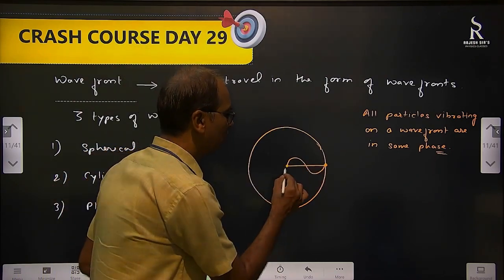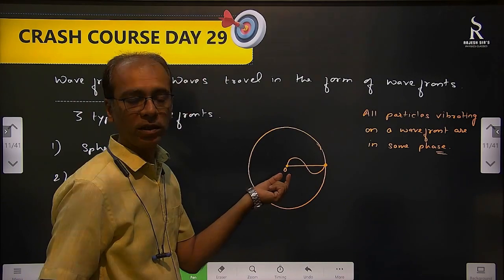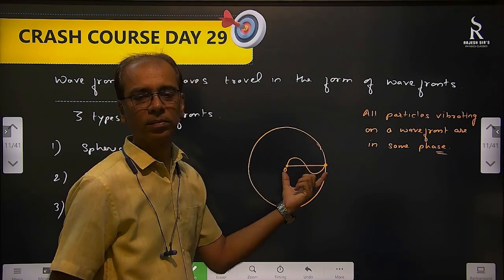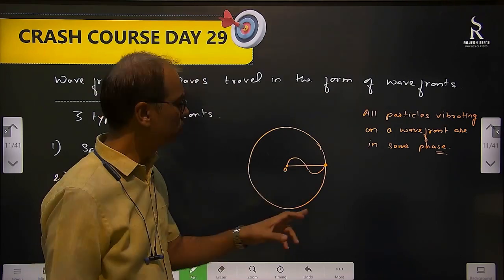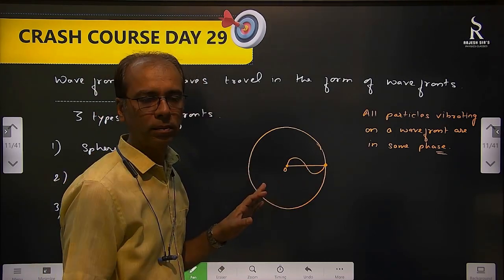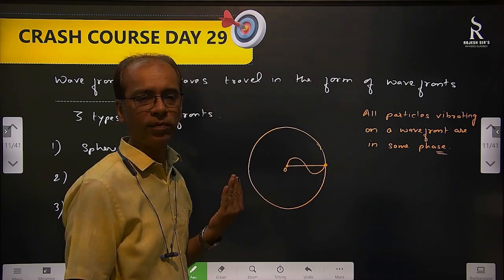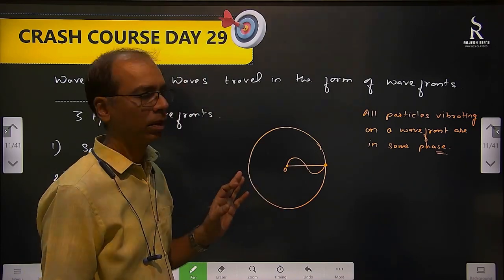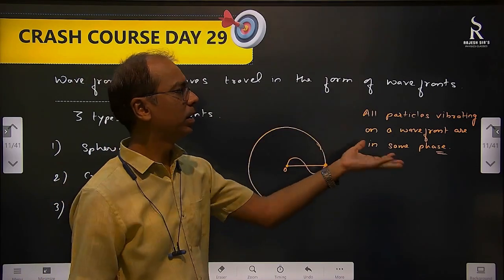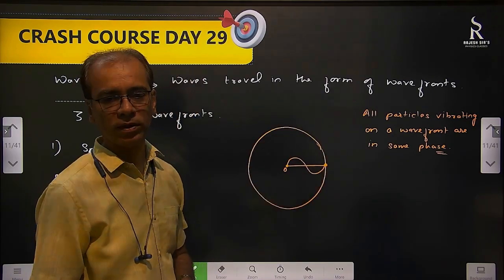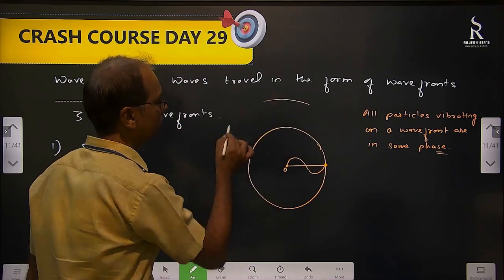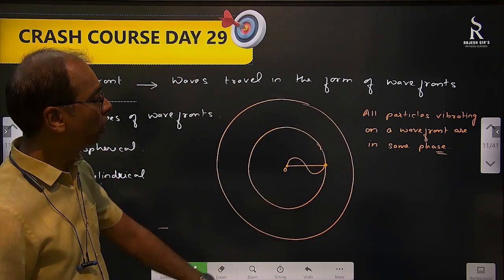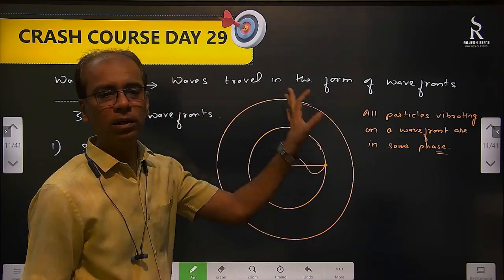If I consider its phase 0, then the next phase has to be 2 pi because the difference is 1 lambda. You can even have a half lambda difference, or lambda by 4. I can make many wavefronts, because on a wavefront all particles vibrating should be in the same phase. After this, I can make one more. But all the particles on this should be in the same phase. That is important.